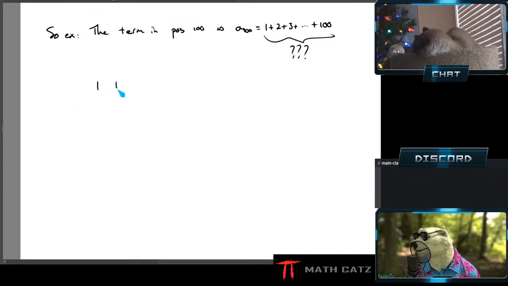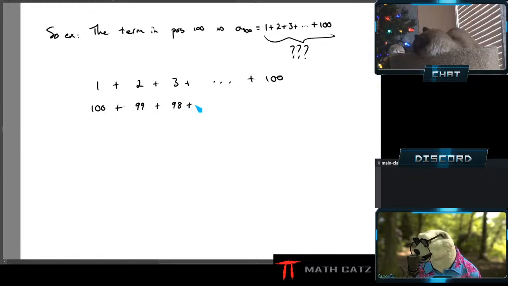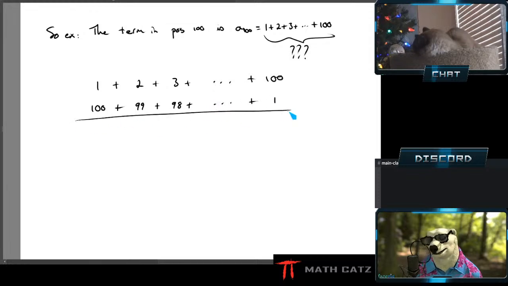So I'm going to give myself a little bit more space and look at this specific example first. What I'm going to do is write this same sequence of what I need to add in reverse. So it's going to start at 100, and then 99, and then 98, and so on, and of course end in 1.